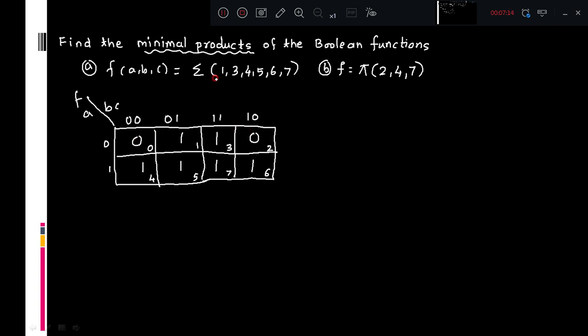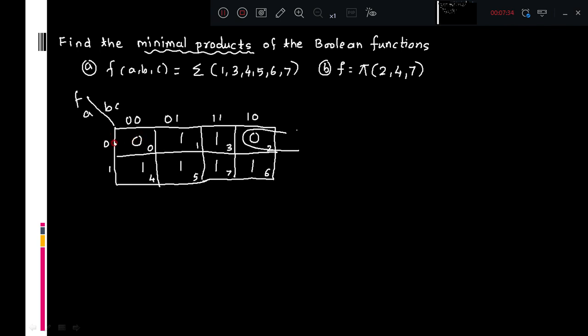In this case you are asked to find the minimal product term. So minimal product term means I should group zeros, the cells in which zeros are there, those we need to group. If we group zeros, we can group a single cell also, but it won't give the optimum solution.